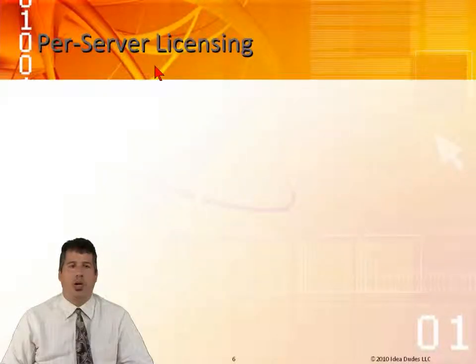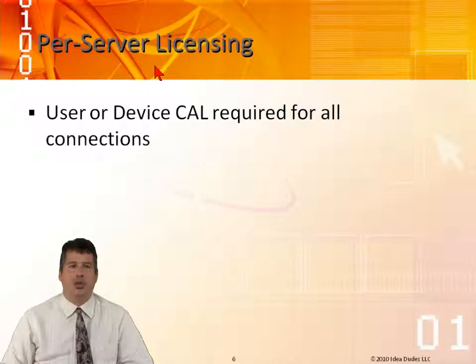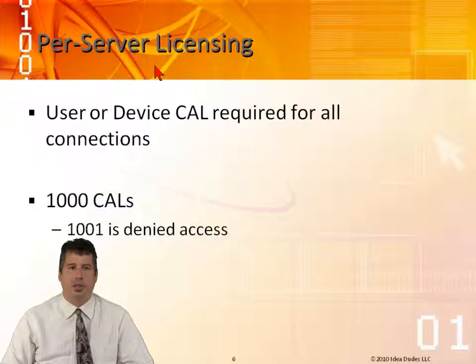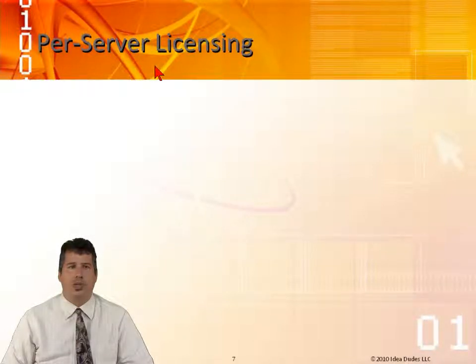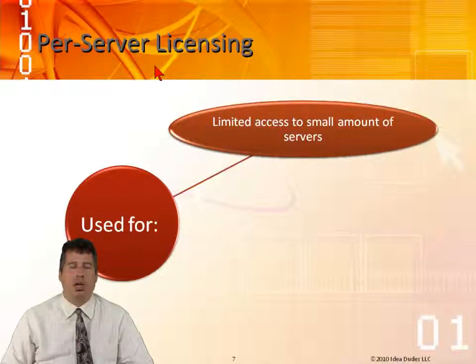So we have per server licensing. A user or device CAL is required for all the connections. With 1,000 CALs, 1,001 is denied access. It's also used for limited access to small amounts of servers. So if you have large amounts of servers, then we want to use the user CALs.